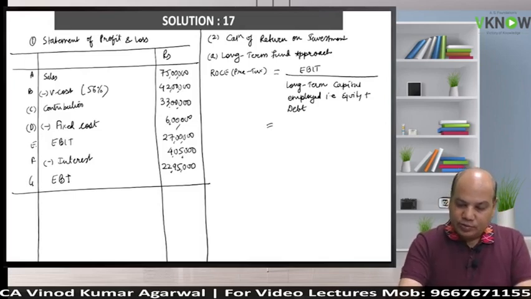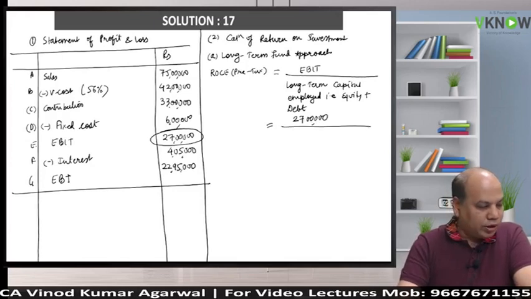Now where is EBIT? Left side. You can see this 27 lakh. Equity is 55 lakh plus debt is 45 lakh. That is 27%.